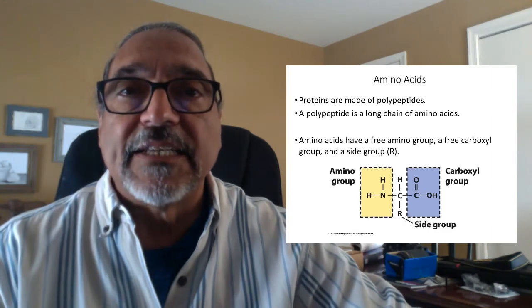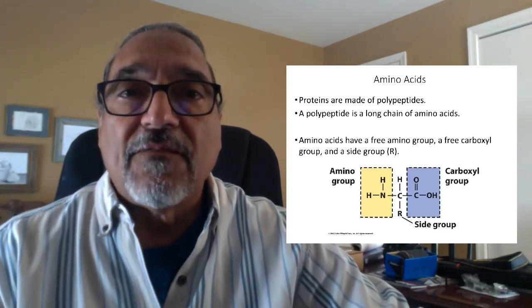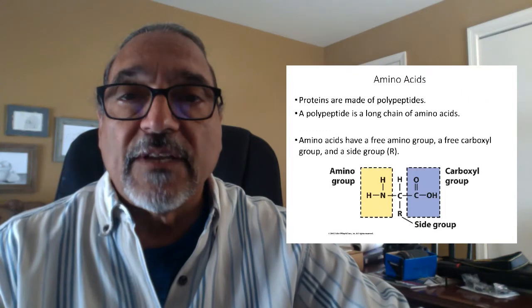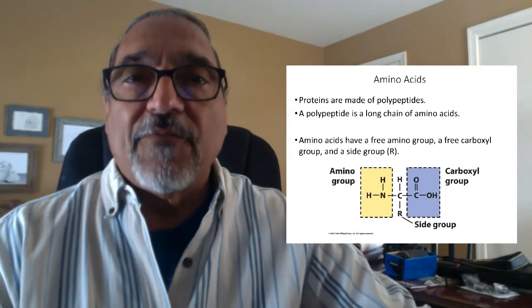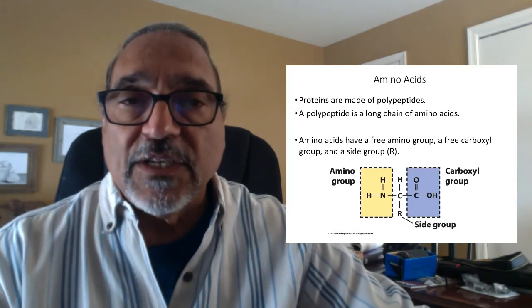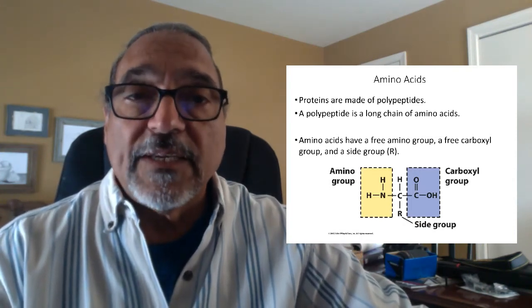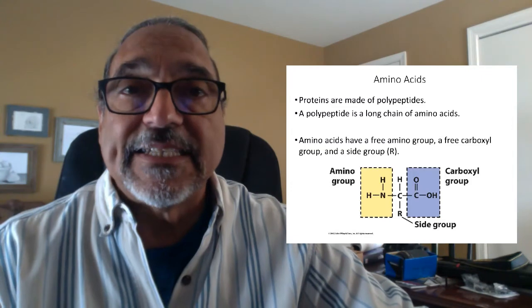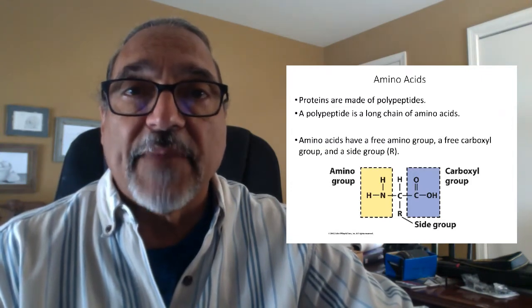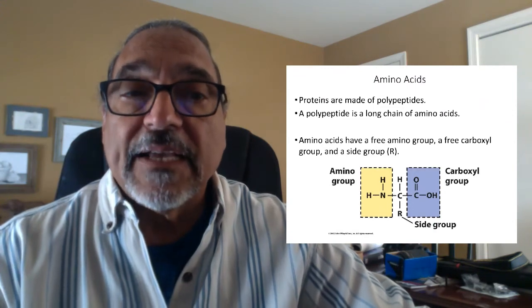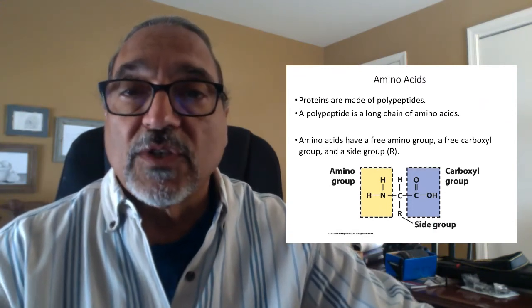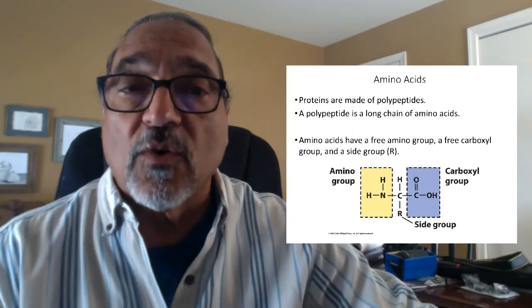That is, it is a string of smaller subunits, and of course these subunits are amino acids. Now, if you don't recall some of this information, I'm going to go over it pretty quickly. These are ideas and subject matter that you should remember from Bio 1. And so we're just going to go over them kind of cursorily.